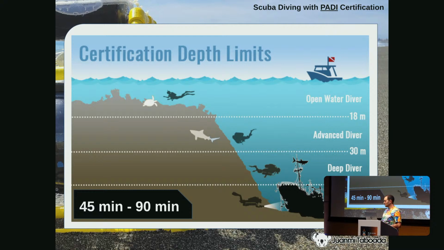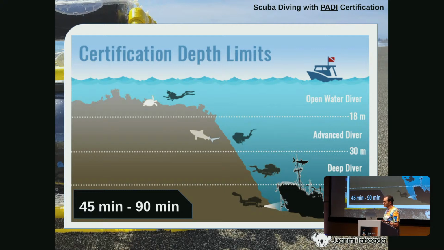So when you go to dive the first time, you need a license, and there are several licenses. The most common is PADI certification, and the open water diver is the first certification that you get, and it gives you access to the first 18 meters.